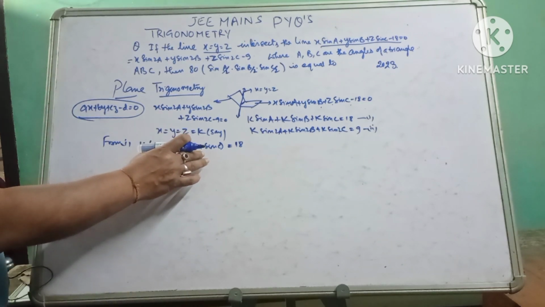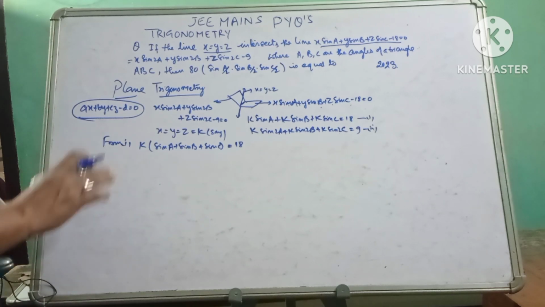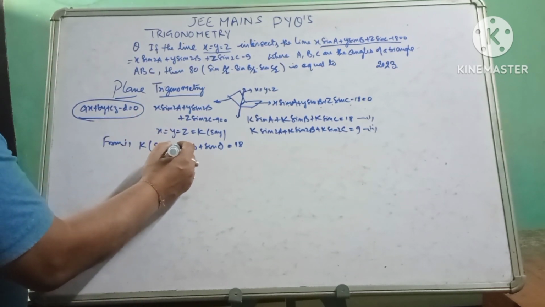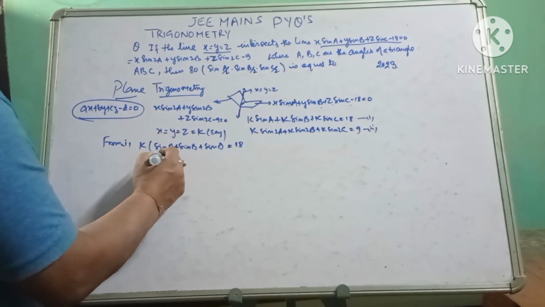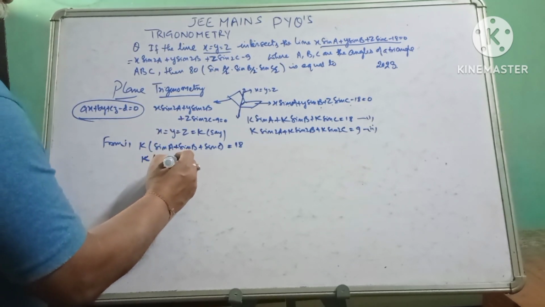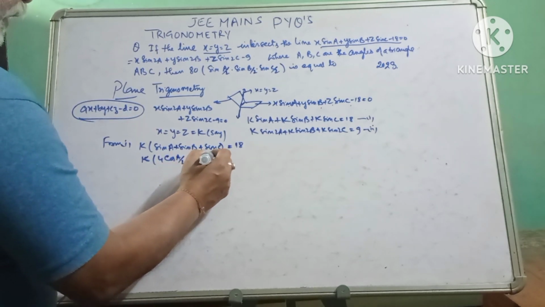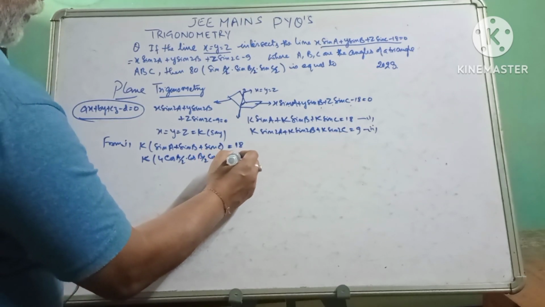Now the formula, it is not actually a formula, but such types of questions were asked, let us say, 10 years earlier. You must remember that this value, you can solve it, is 4 cos A by 2 cos B by 2 cos C by 2 is equal to 18.